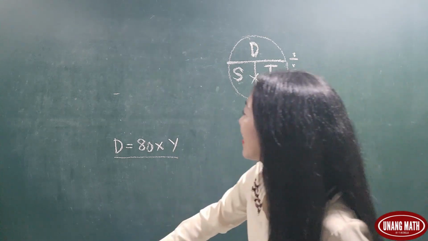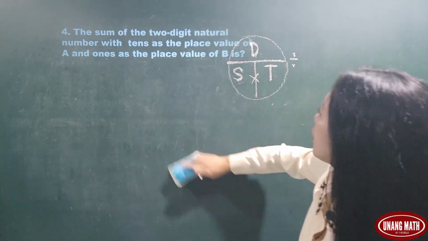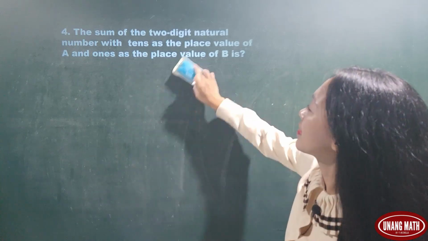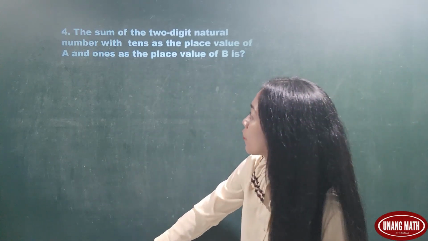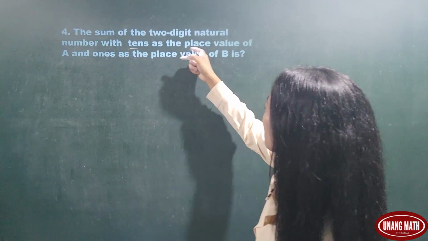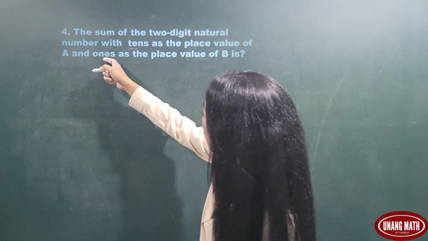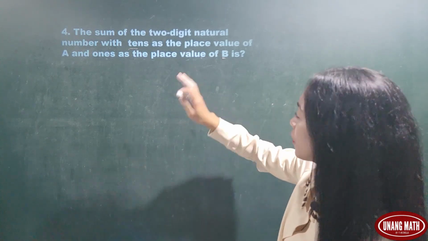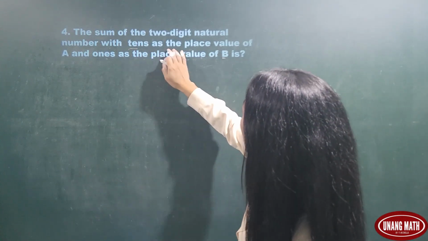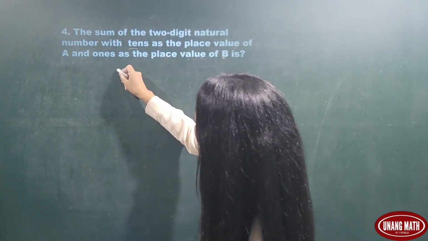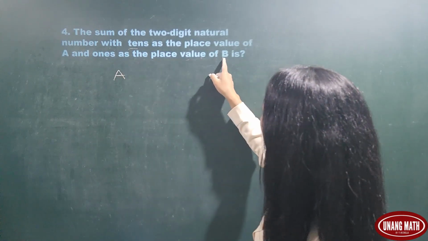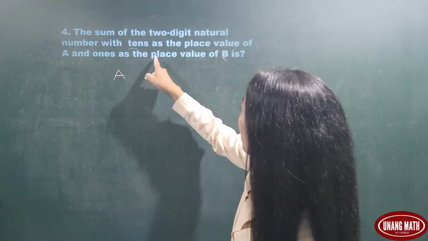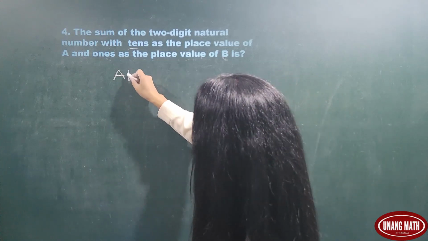How about the last situation where we can use variables? This is the sum of the two-digit natural number with tens as the place value of A and ones as the place value of B. According to this problem, A is in the tens place and B is in the ones place.